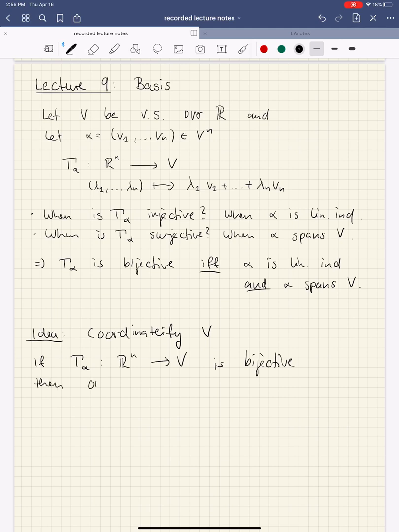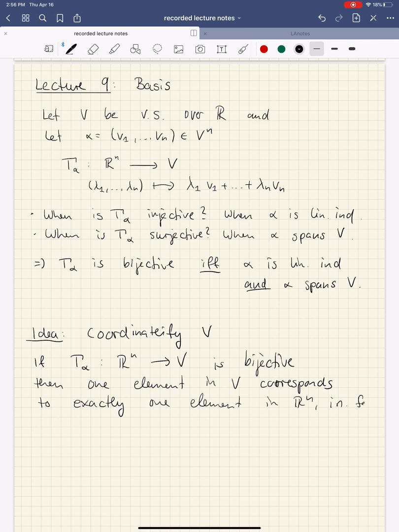Then one element in V corresponds to one element in Rn.